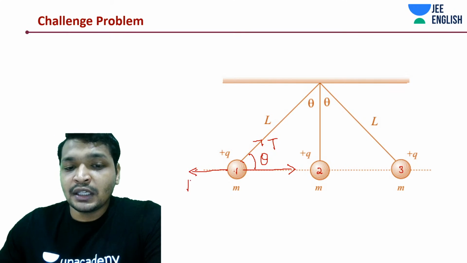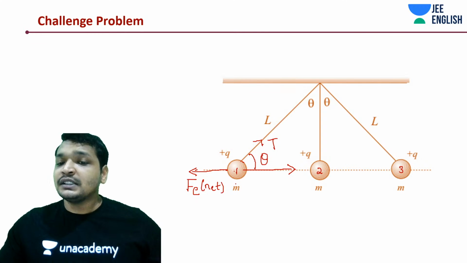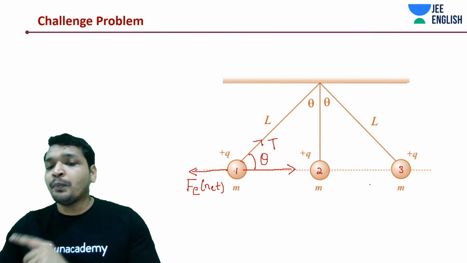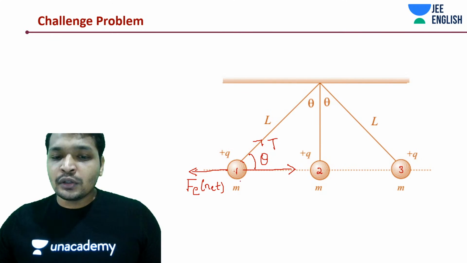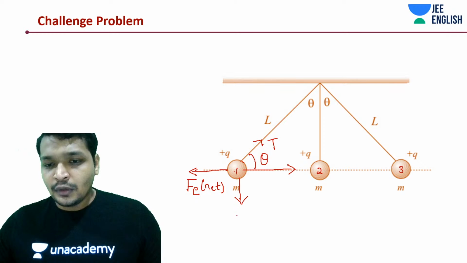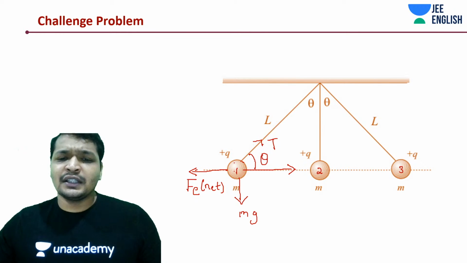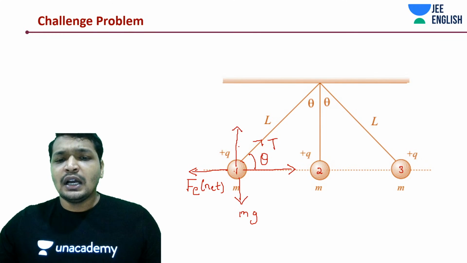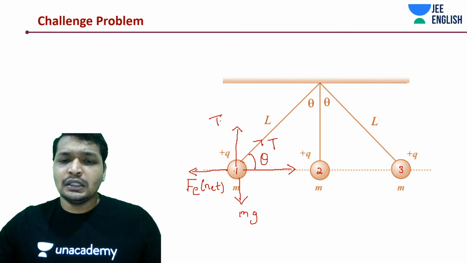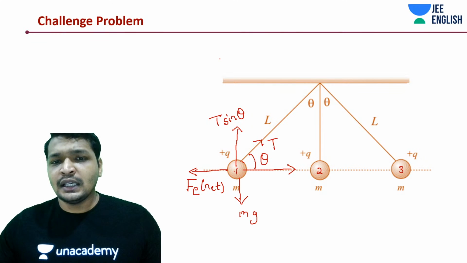I can call this F E net, and this is not due to just one charge, but 2 point charges hanging over here. There would also be weight. Mass is m. They have identical masses, everything, it's an identical kind of body. Now this is tension T, and this is going to be T sin theta. T sin theta is mg.